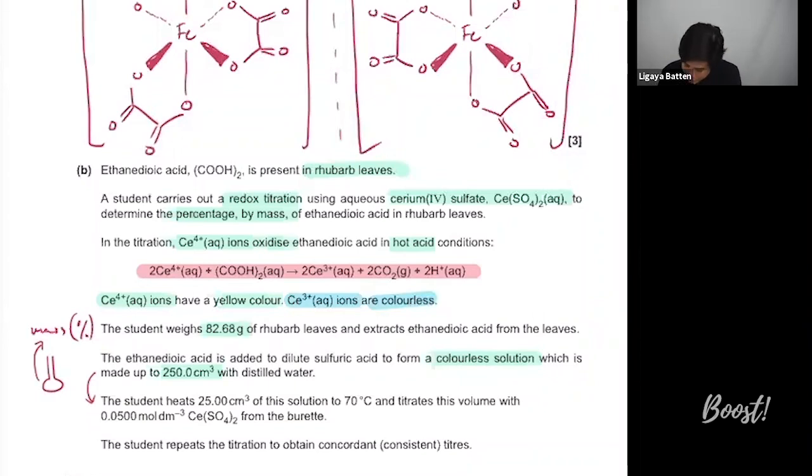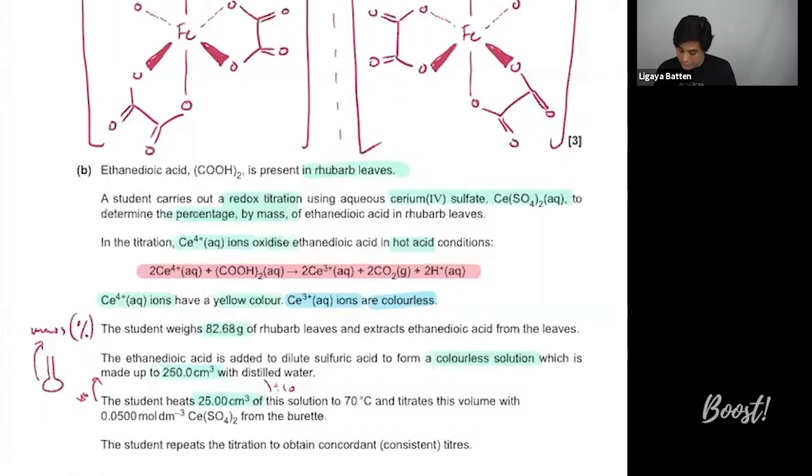Okay, so the student heats 25 centimeters cubed of this solution. So we've taken a tenth of this. So in order to get back from the titration later on, we're going to need to times it by 10 to get back to that.